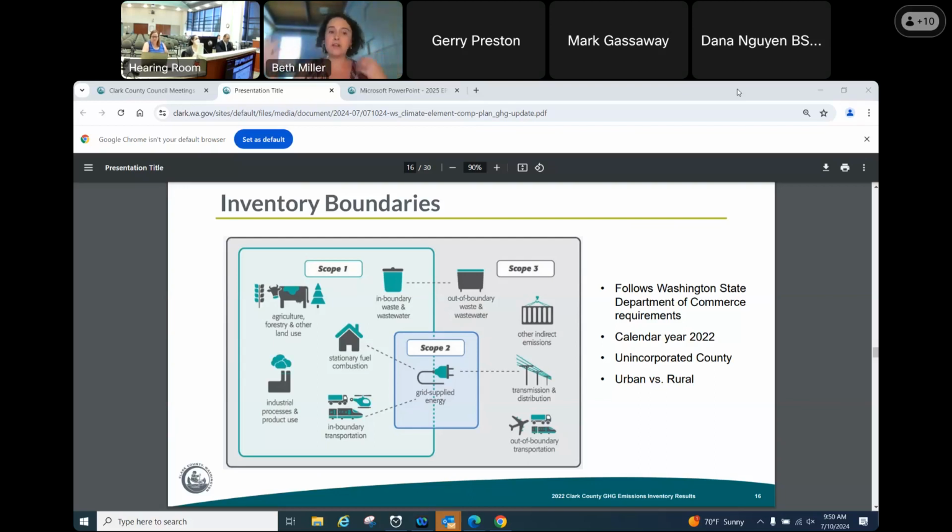To aid in planning purposes and reductions, we split it up by urban unincorporated, which is really anything within the UGA, all of those areas outside of Vancouver that are not incorporated into Vancouver but are owned by the county, and then rural, everything that's not within a UGA and is not likely to be incorporated into a city anytime soon.